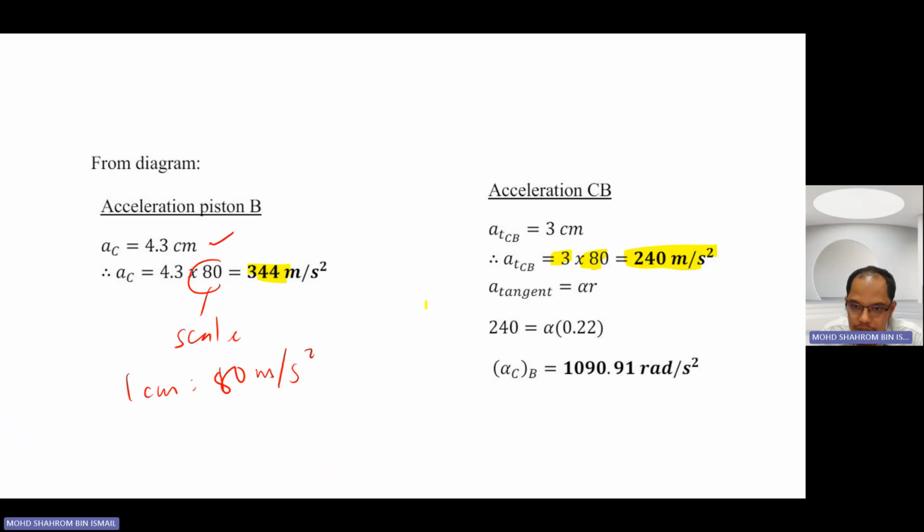Since this is a tangential acceleration, of course you need to convert it to angular acceleration.